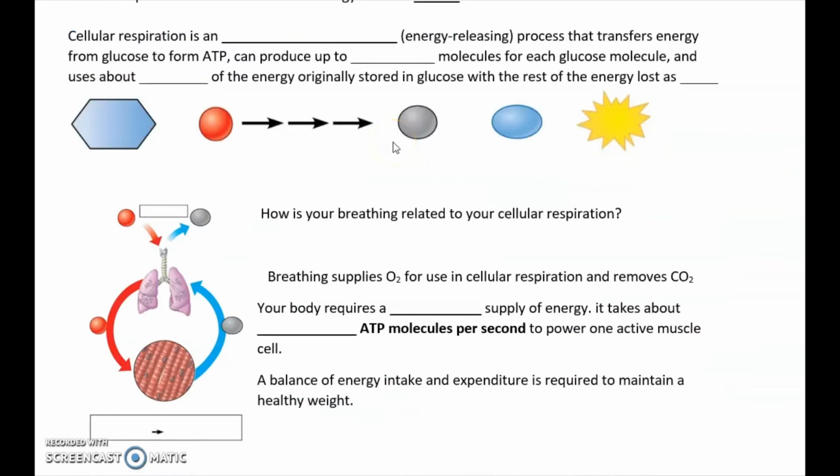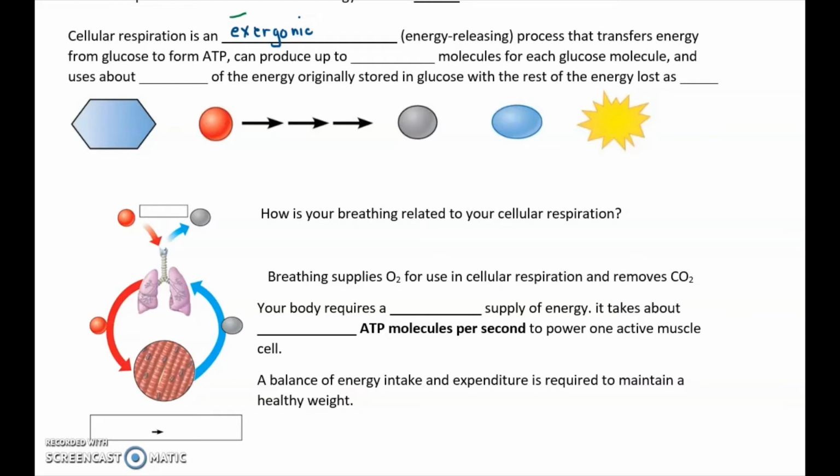Cellular respiration is an exergonic or energy releasing process. The X here means exit. So heat is exiting, or energy in this case, it's exergonic. Energy is exiting. So it's an energy releasing process that transfers energy from glucose to form ATP.